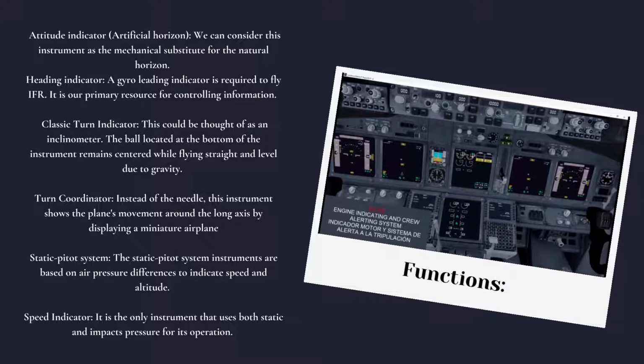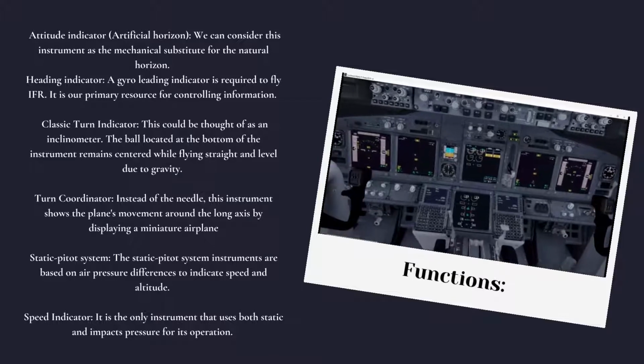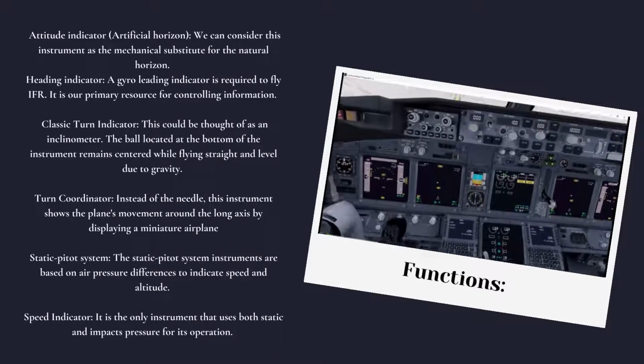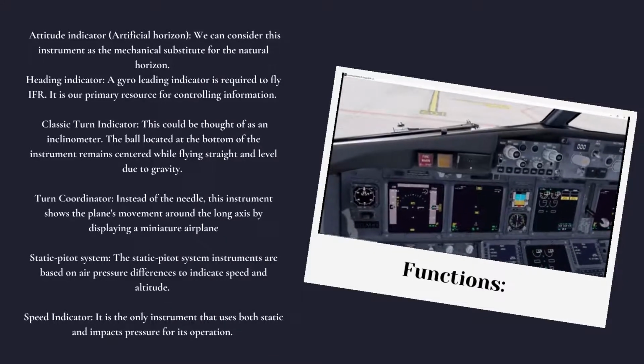The static or ambient pressure obtained from the static intake is related to the two other instruments that make up this system. Airspeed indicator. It is the only instrument that uses both static and impact pressure for its operation. The indication is determined by comparing both pressures. The greater the difference, the greater the speed.